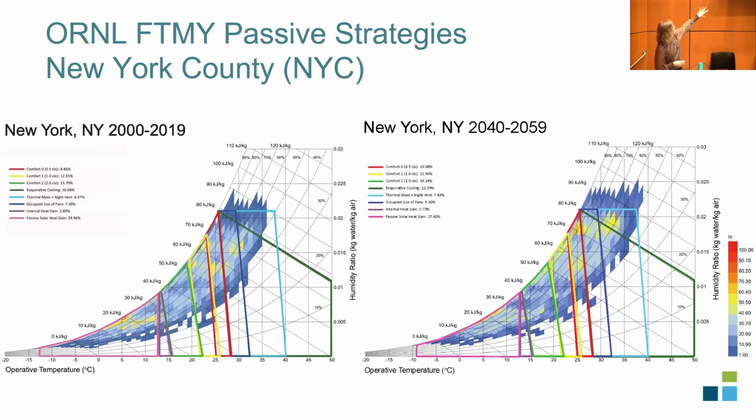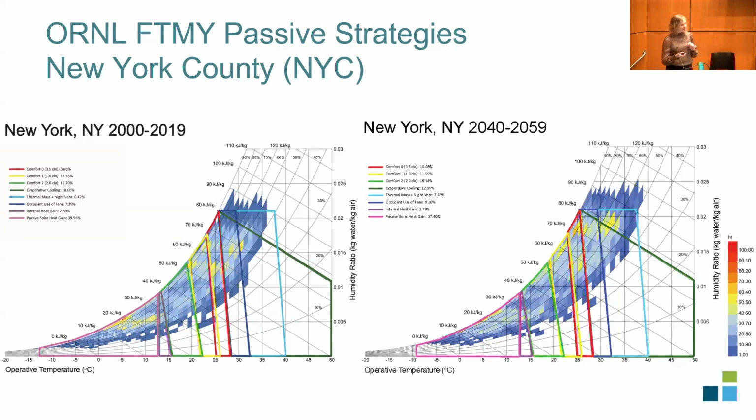The left-hand side is 2000 to 2019, and the right-hand side is a projection for 2040 to 2059, using those ORNL examples. In the study, we did this for all of the weather files, but I'm not going to walk through them today. For those of you who aren't familiar with psychrometric charts, I could talk to you all day long about how cool they are.